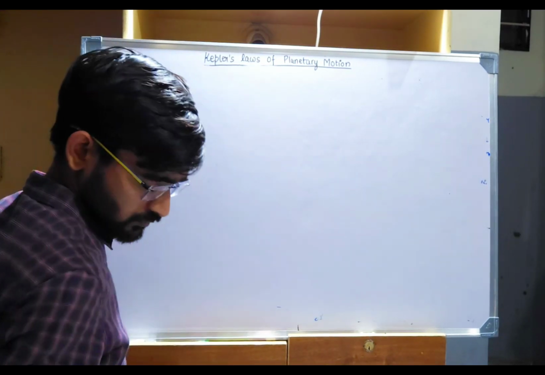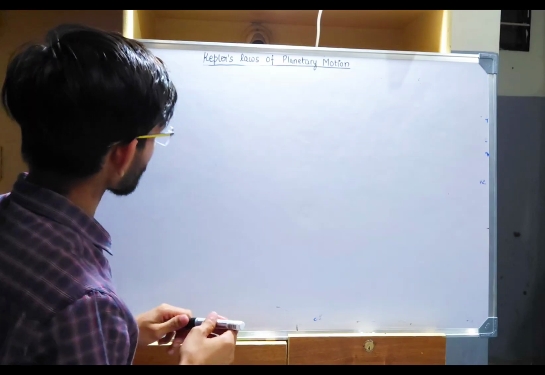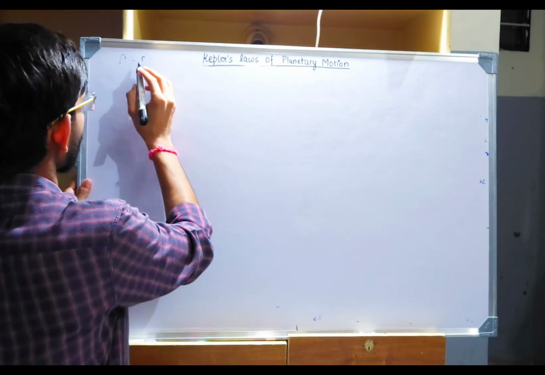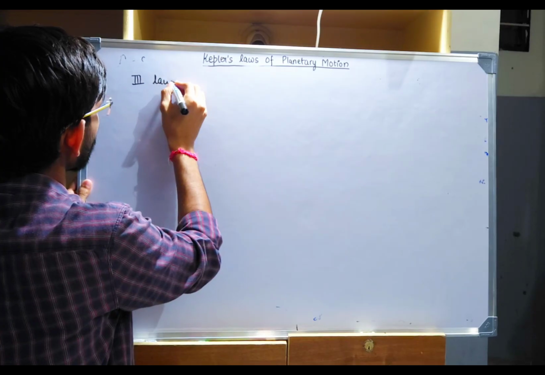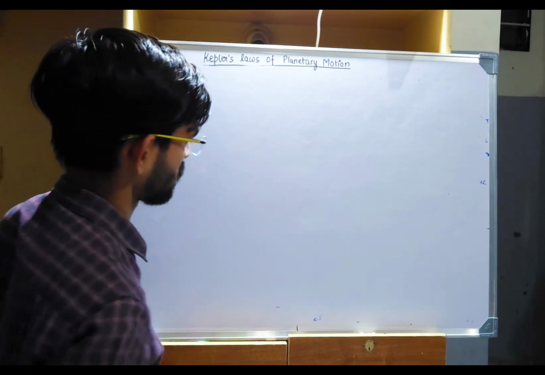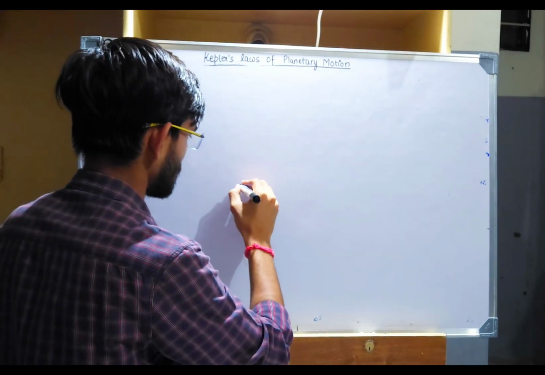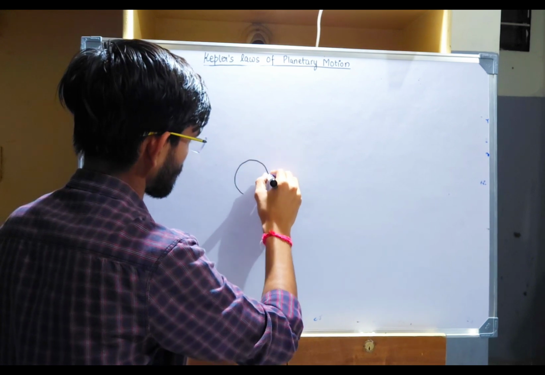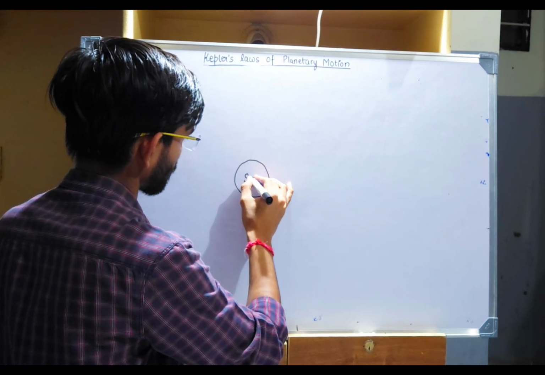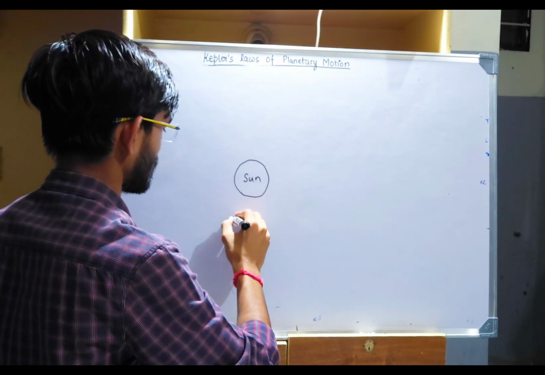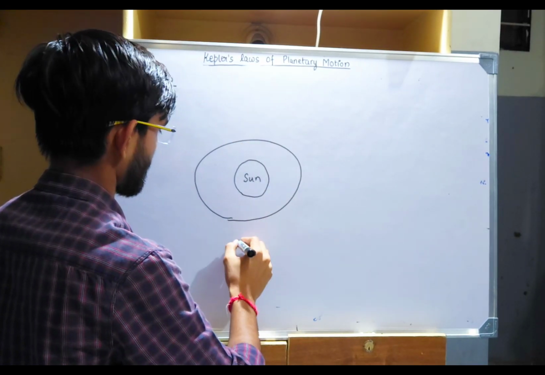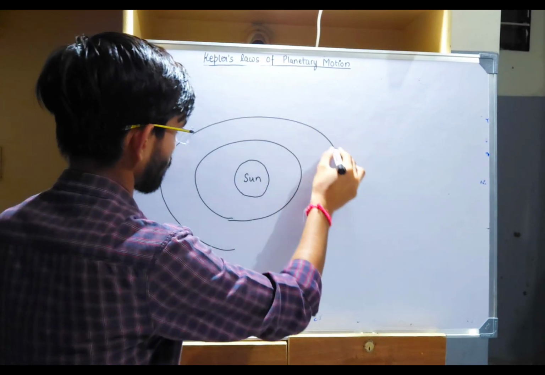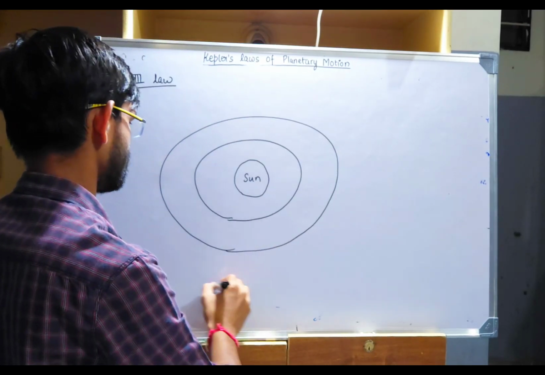Now coming to the third law of Kepler. Before coming to that law, now tell me, this is the Sun and other planets revolving around the Sun.